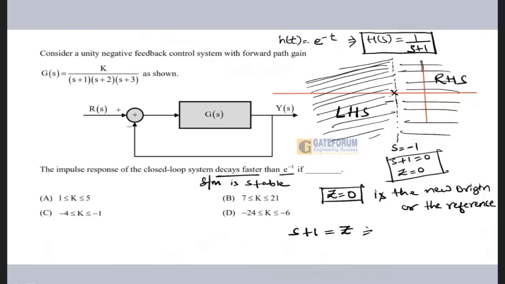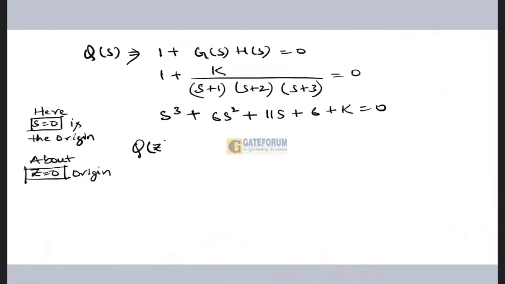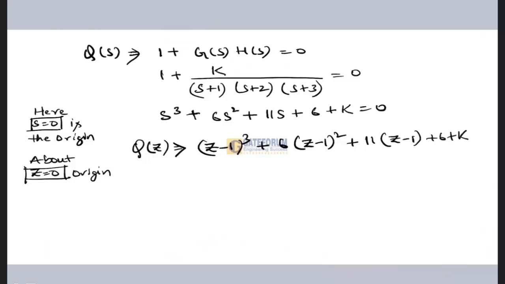So s should be replaced with z minus 1. So now I'll get my new characteristic equation in terms of z. So now I'll write Q(z). So s cube will be written as (z minus 1) whole cube plus 6(z minus 1) whole square plus 11(z minus 1) plus 6 plus K equal to 0. Correct?